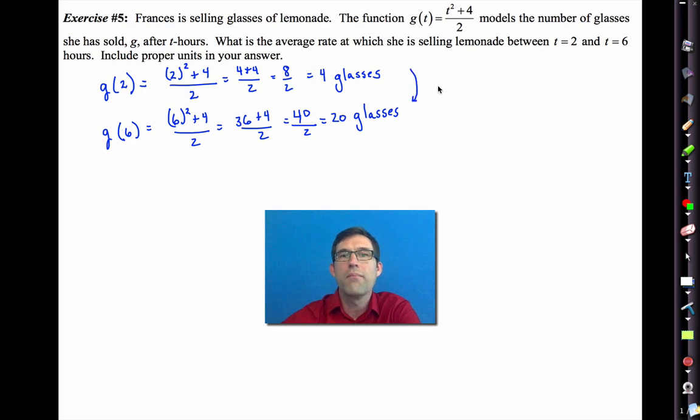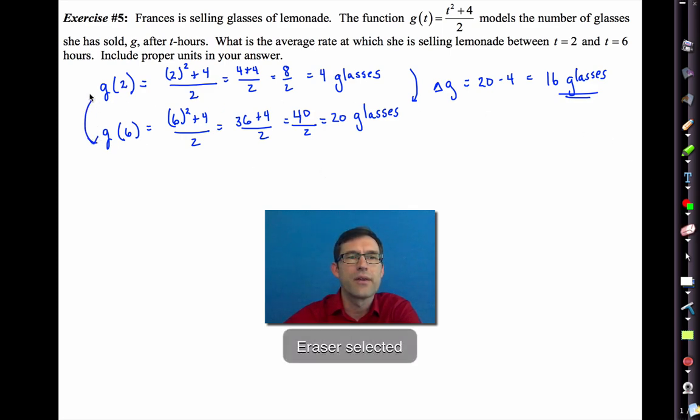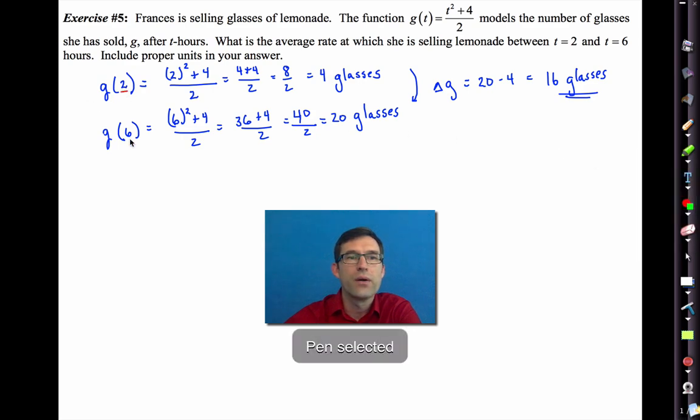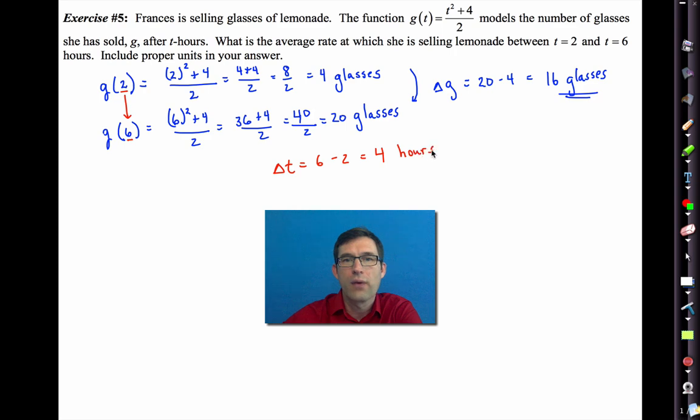So the change in my output is 20 minus 4, or 16 glasses. That's in the numerator, the top of my division. In the bottom of my division, if you will, is simply the change in time, which is 6 minus 2, or 4 hours.